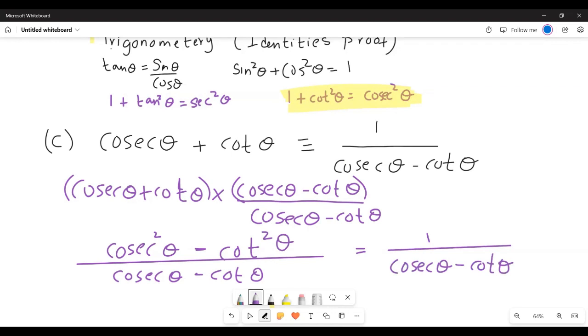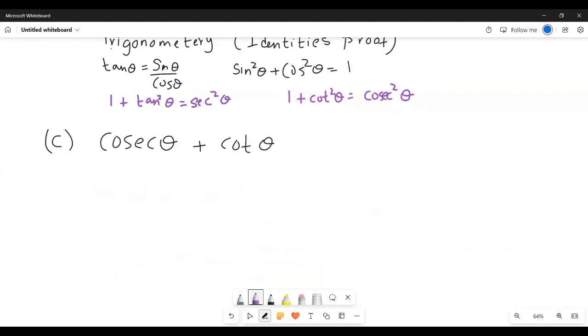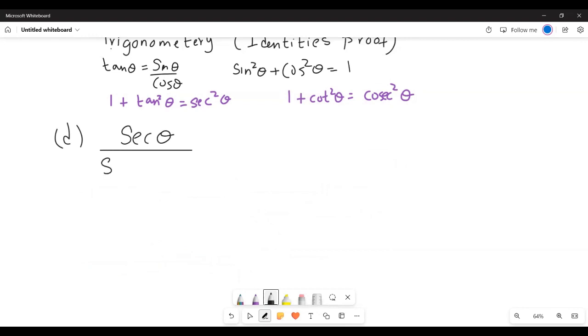Let's practice one more question and then move on to the next topic. Part D. Secant theta upon secant theta plus tan theta plus tan theta upon secant theta minus tan theta.